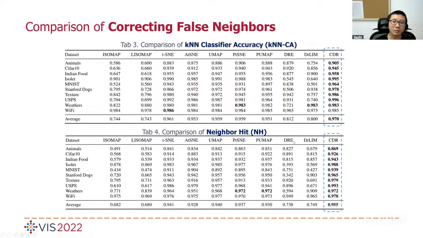The results on KNN classification accuracy and the neighborhood hit also demonstrate that our approach has achieved better quality than existing methods.